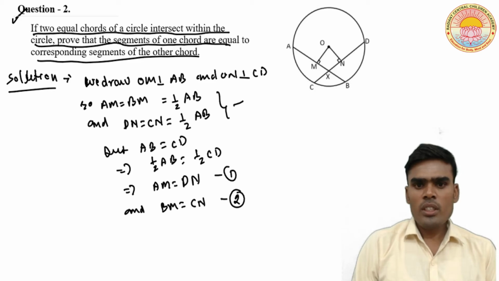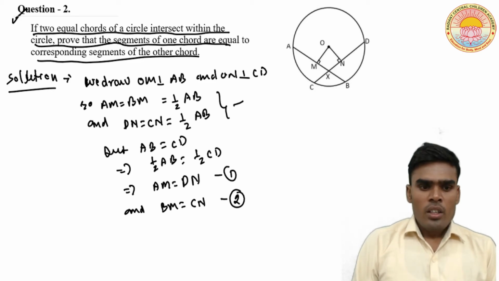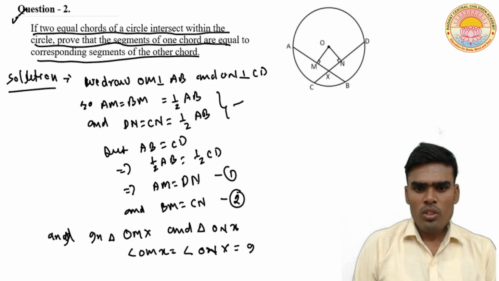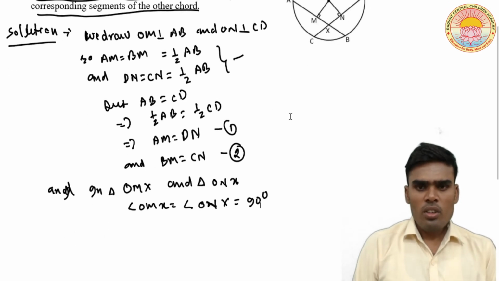From this, in triangle OMX and triangle ONX, angle OMX is equal to angle ONX, that is equal to 90 degrees, because OM is perpendicular on AB and ON is perpendicular on CD.